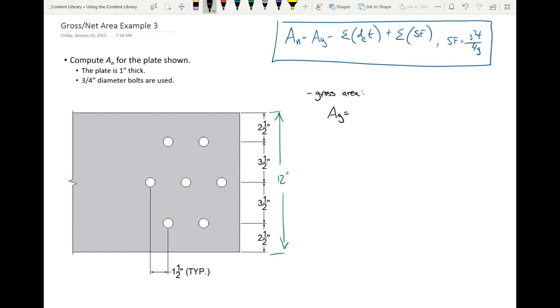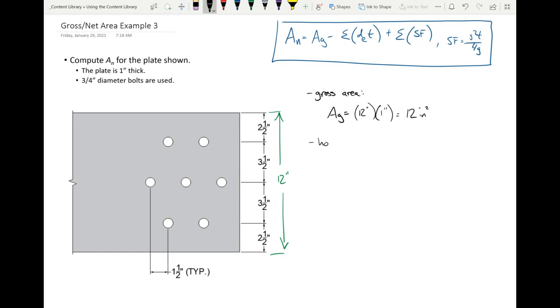It should be pretty easy, but I want to make sure everybody's paying attention. It's 12 inches times the plate thickness of an inch, so 12 square inches.